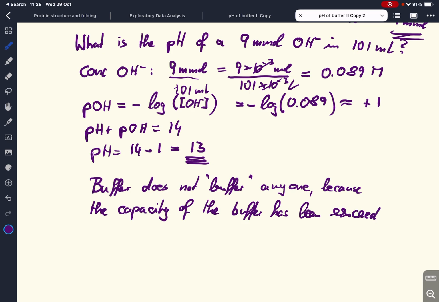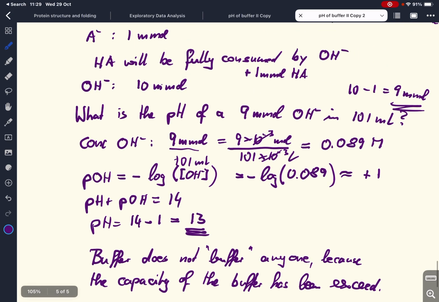The buffer just simply doesn't do anything anymore, and therefore we just simply can't use that buffer. It is basically dead.